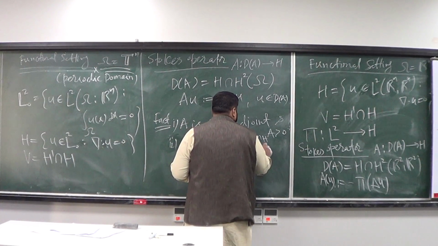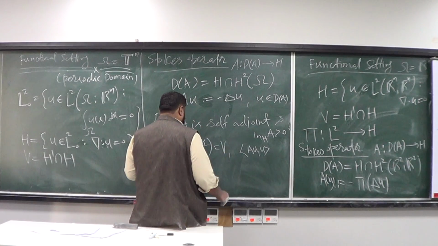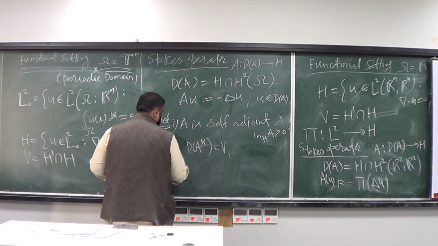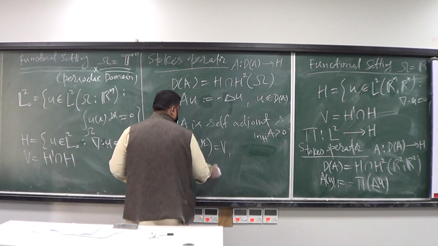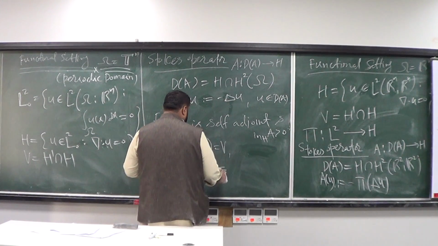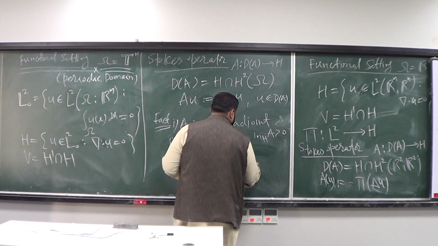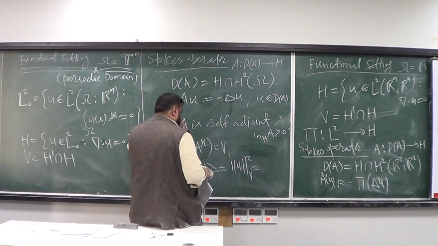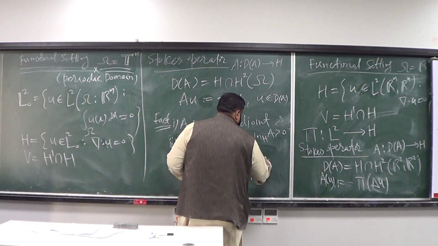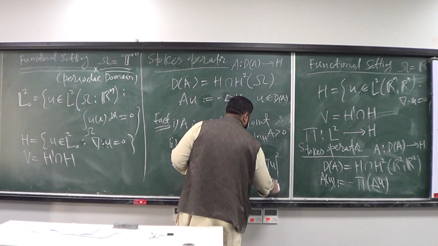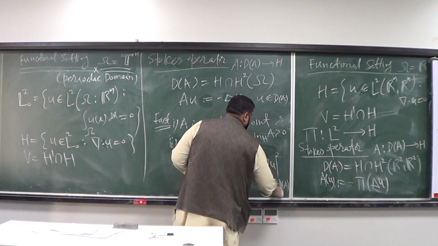If you compute the duality ⟨Au, u⟩, this is going to be equal to the norm of u squared in V, which is the same as the L2 norm of the gradient of u squared, for all u in the domain of A.